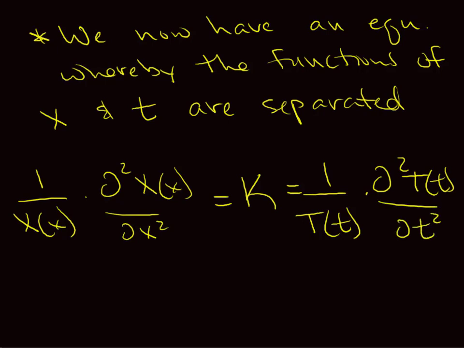This is important, and the next thing that we're going to be doing is focusing on this behavior and how the function will respond when this constant k is 0, positive, or a negative value, and we'll be doing that shortly.